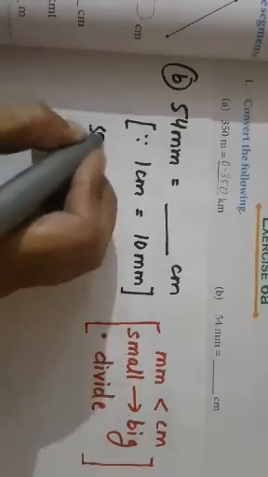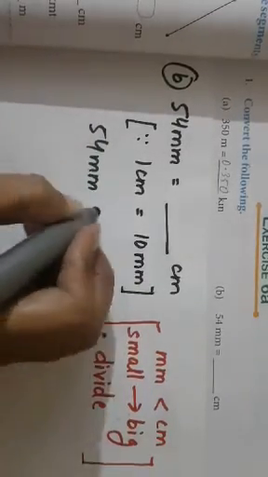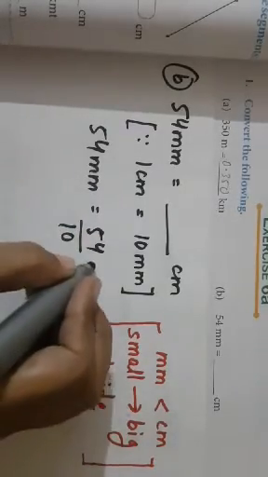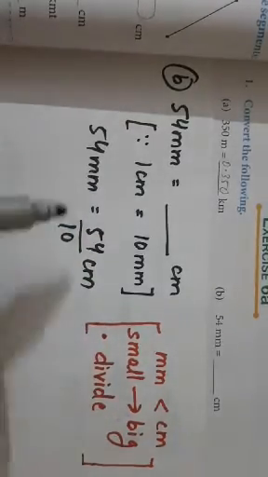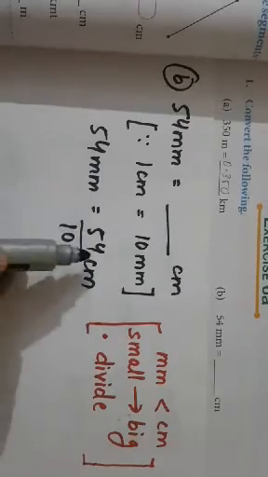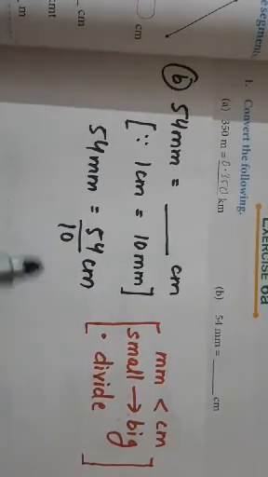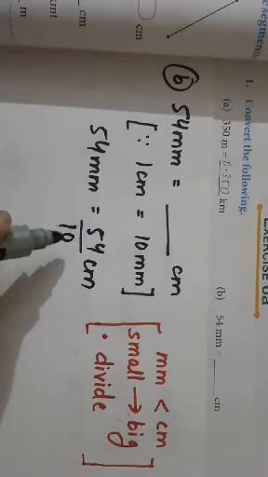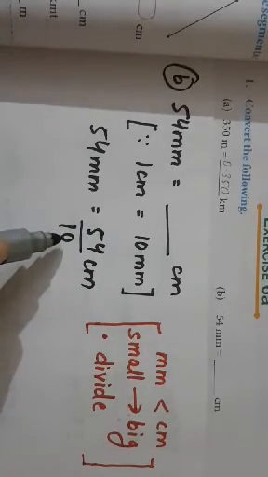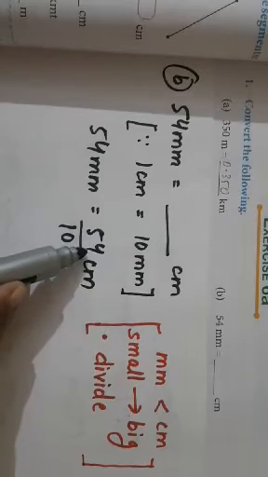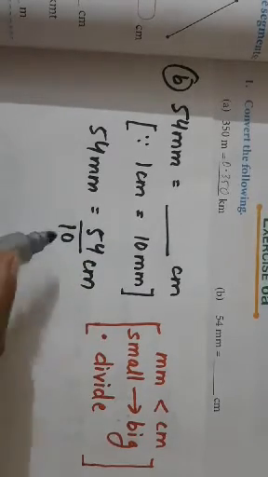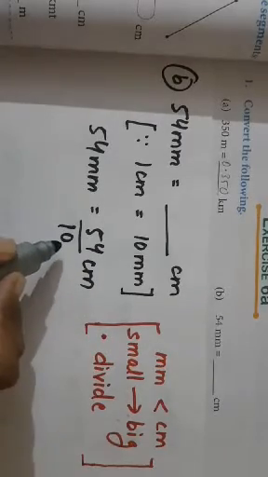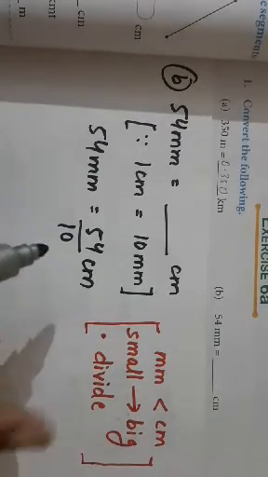So 54 millimeter is equals to 54/10 centimeter. Now we are done with the conversion. Conversion तो कर दिया हमने, but denominator में अभी 10 है. So we'll convert this number into decimal. हम divide करेंगे 10 से 54 को, या फिर directly देख लेंगे कितने number of zeros हैं, 1.